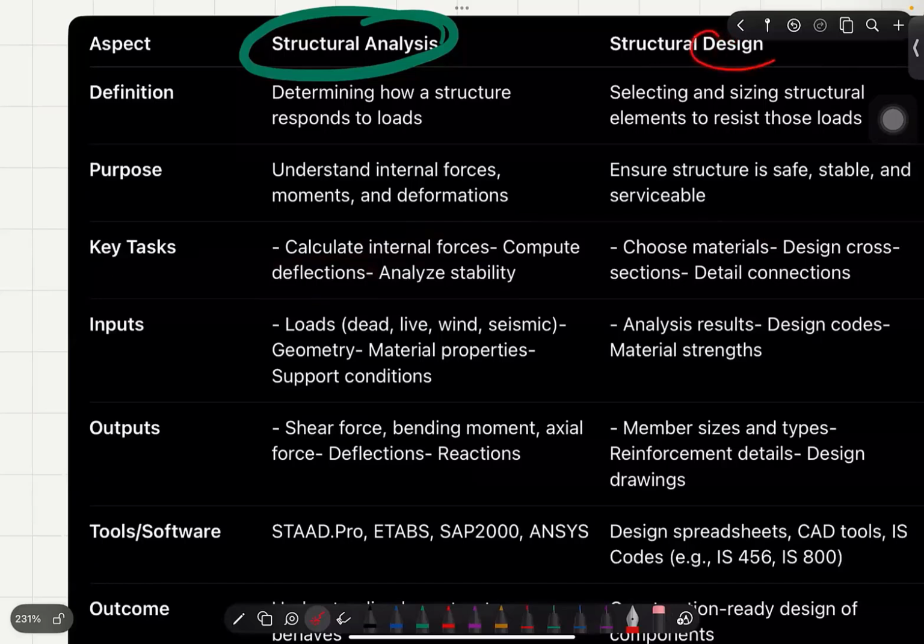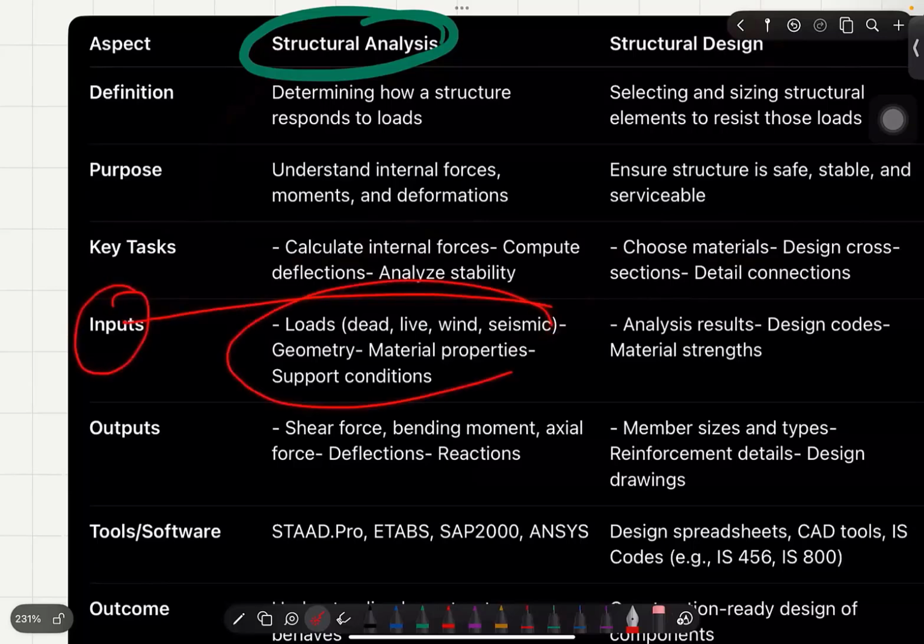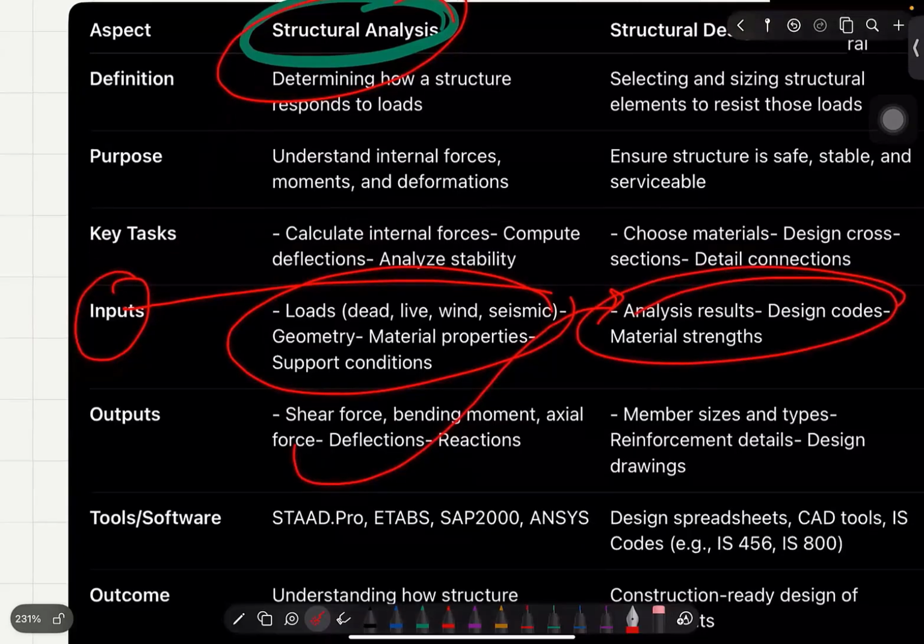In structural design, the key task is that we choose the material, as we already discussed, and we design the cross section, whether it has to be circular or rectangular. And what are the inputs in structural analysis? We give the inputs of loads, whether uniformly distributed load, point load, and so on. Whatever outputs we get from structural analysis become the inputs for design.